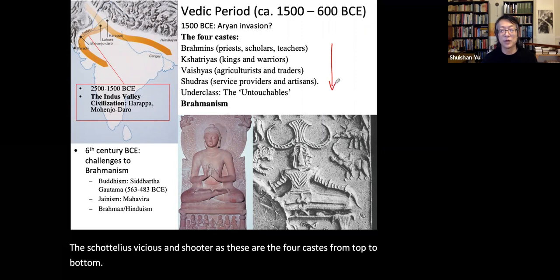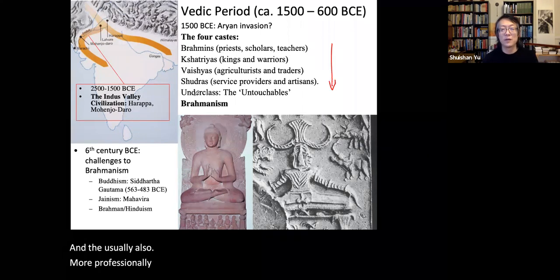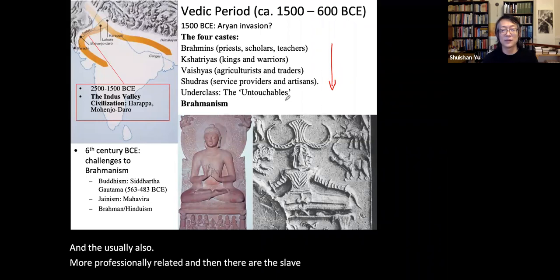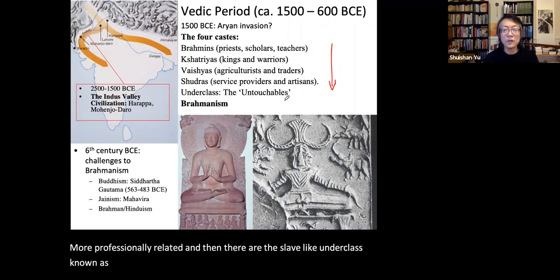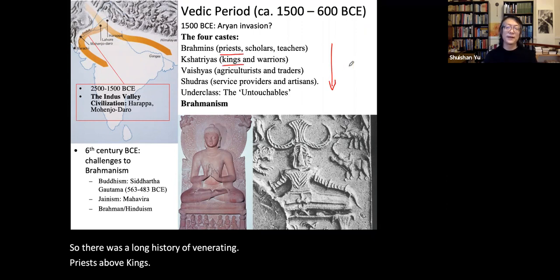And they usually also were professionally related. And then there are the slave-like underclass known as the untouchables. So there was a long history of venerating priests above kings, kind of like early Mesopotamian civilization.